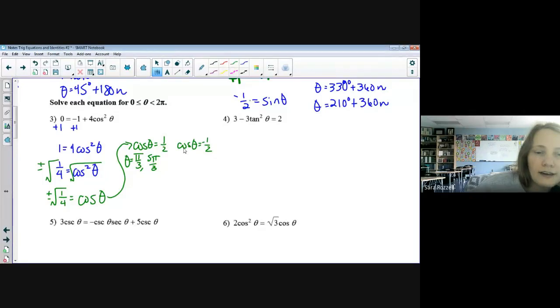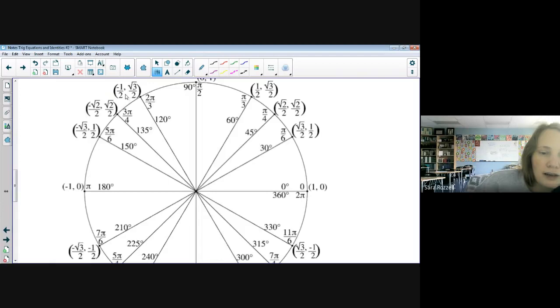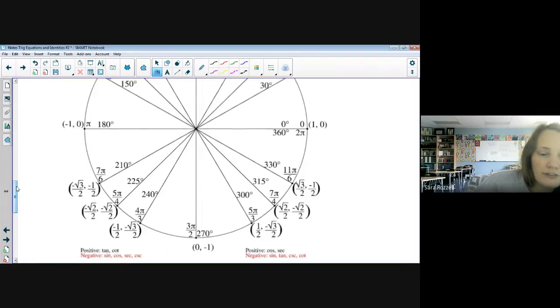All right, and then our second one, we're looking for when cosine is negative 1/2. Probably the other side. 2 pi over 3 and 4 pi over 3.